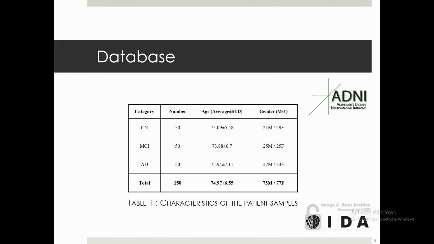Also, the average age of subjects in all categories is over 73 years old. In all these categories, the brain structure suffers from physiological or pathological atrophy. Segmentation and parcellation of such images without a precise deformable registration method is impossible.